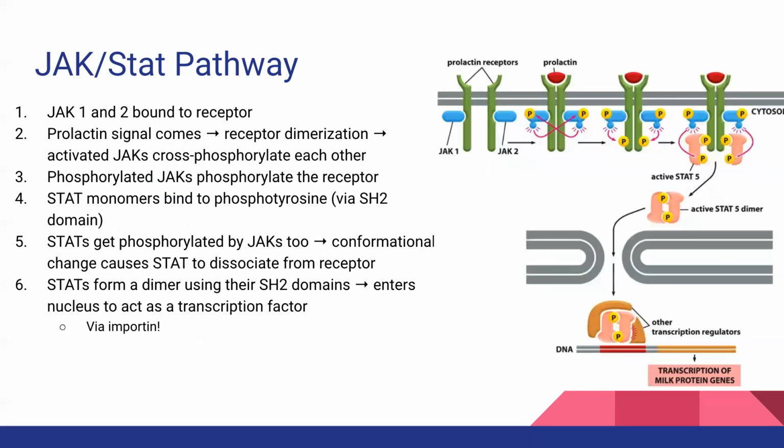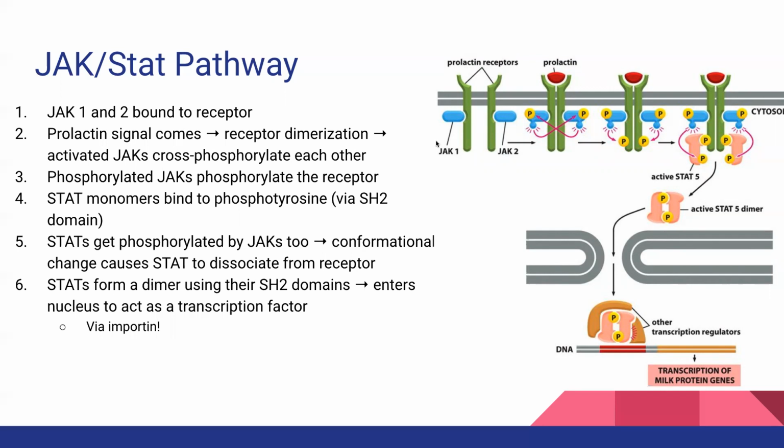Alrighty. So we're gonna start talking about the pathway itself. We're gonna have JAK1 and JAK2 right here. They're gonna bind to each receptor. And just to make it clear, we're gonna talk about the lactation signaling, so producing milk.